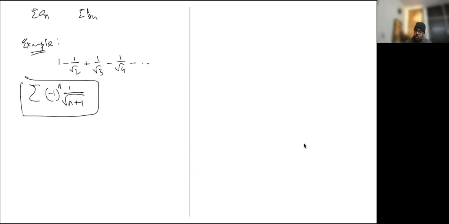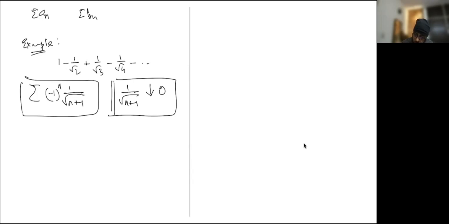Now this converges by what we have done last time, because the signs are alternating, and these terms are all non-negative if you forget about the sign, and they decrease to 0. So by a theorem that we did last time, this series converges.